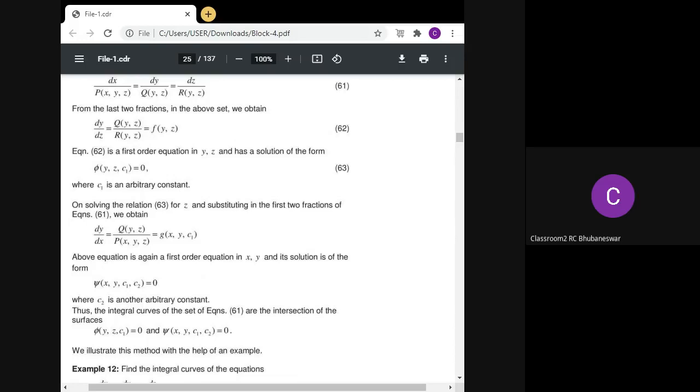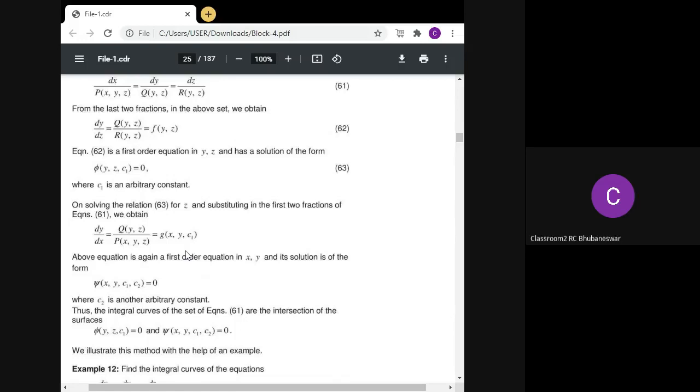After substituting, we get a relation in the form dy by dx equals a function of x, y, c1.